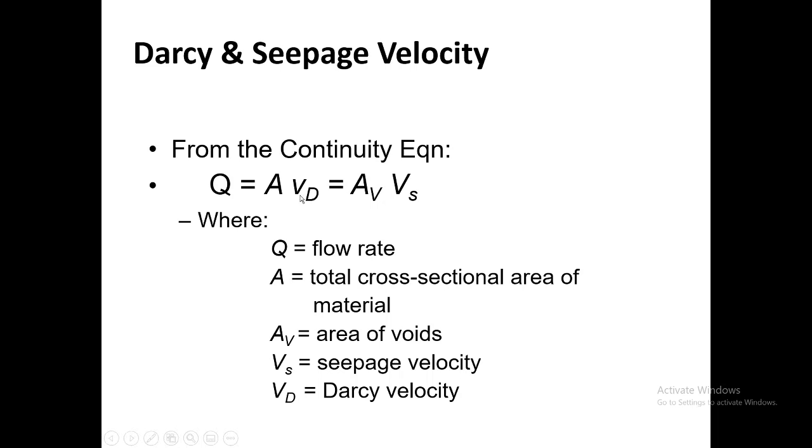Where Q is the flow rate, A is the total cross-sectional area, Av is the area of voids, Vs is the seepage velocity, and Vd is the Darcy velocity. So this is the actual situation. This is the ideal situation. Both are equal to the flow rate.